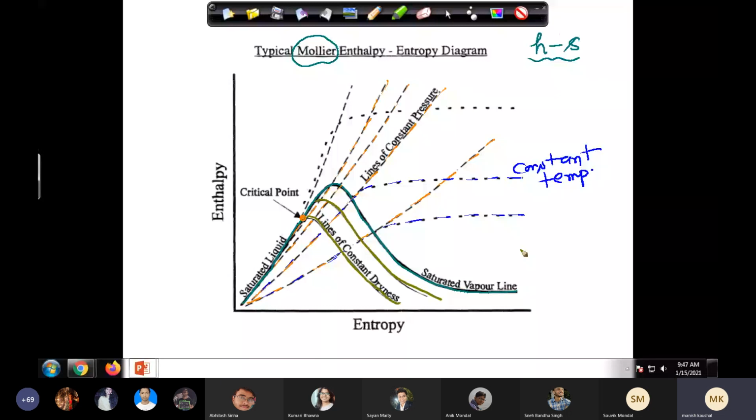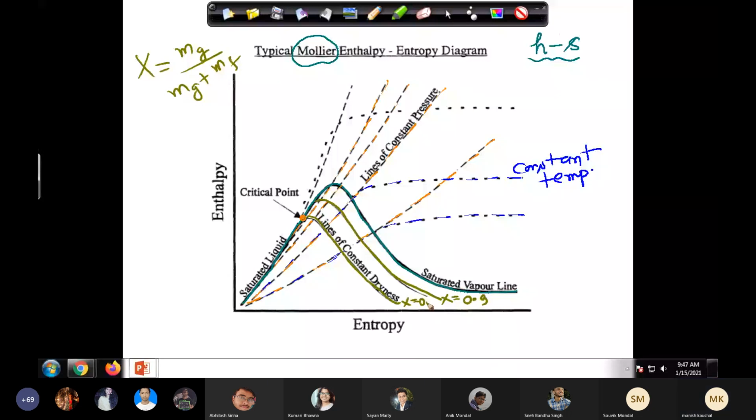X. So these are constant X lines. And how we define X? Mass of gas phase divided by mass of gas plus mass of fluid. That's how we define X. So these are constant quality lines. Of course, if you are towards the vapor regime, your quality is high, and as you gradually go towards the left, your quality of steam decreases. You have more saturated liquid.